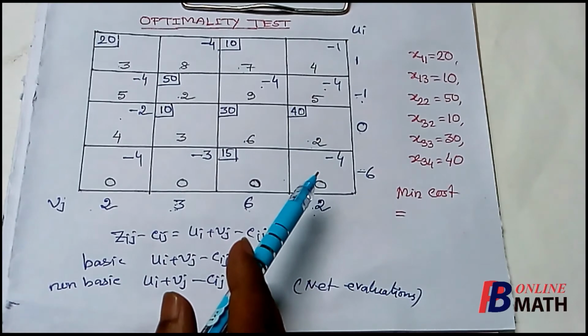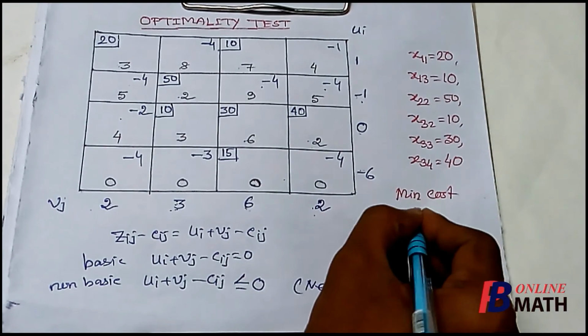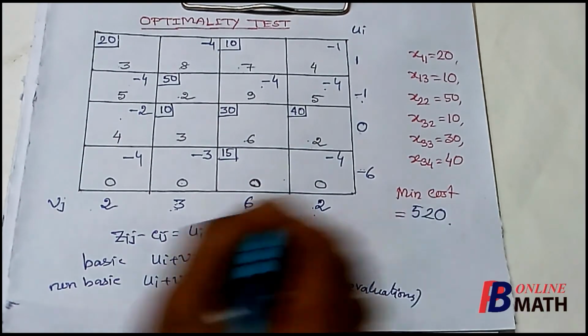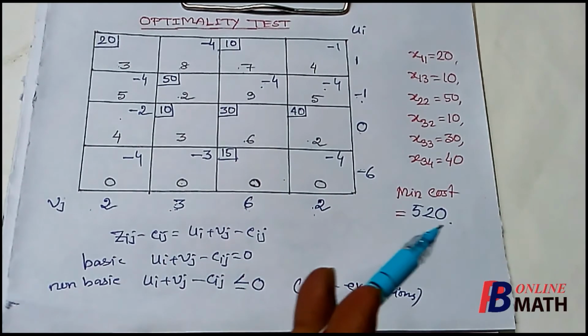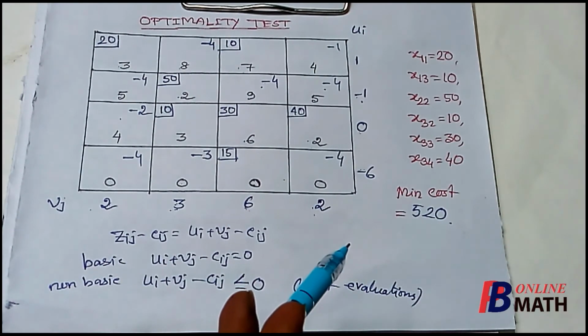That will be equal to 520. So this is the required minimum cost. So we have found that for this unbalanced transportation problem the minimum cost is 520.